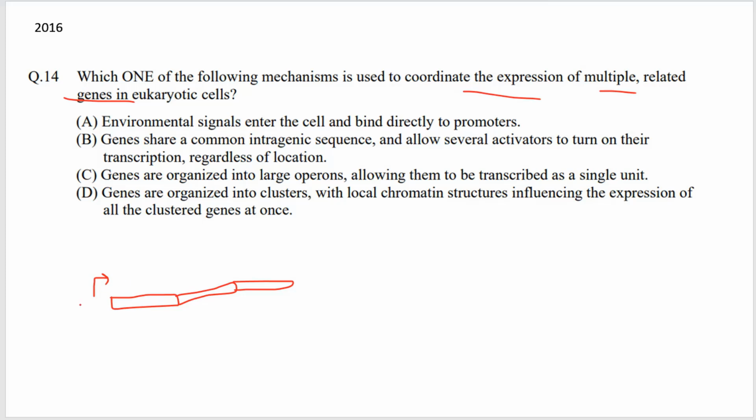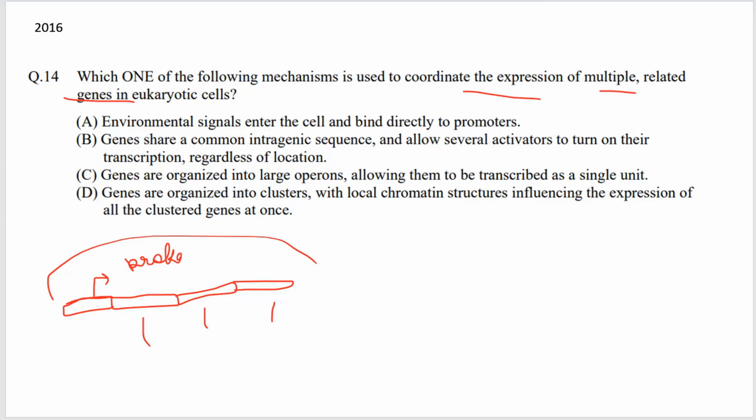If the transcription is turned on, then all these genes will be transcribed. So these are related and they are kept in a single operon. This happens in the prokaryotes.